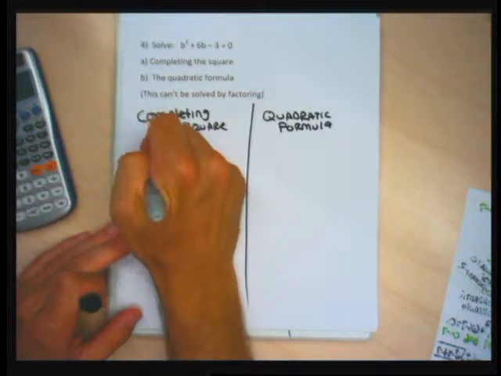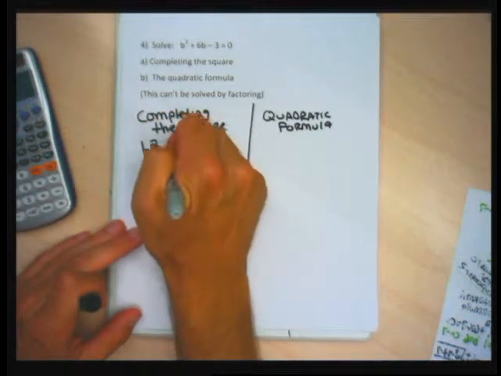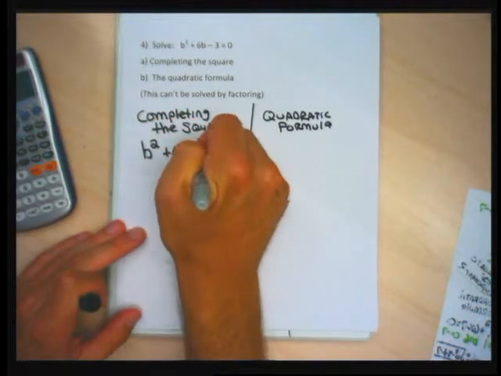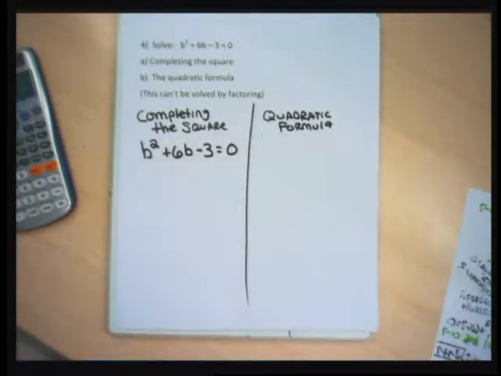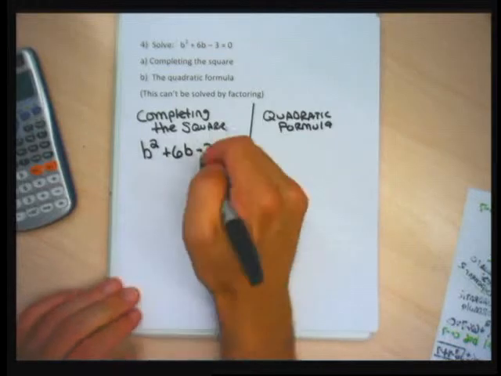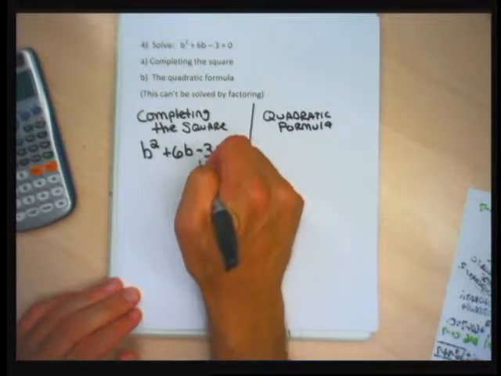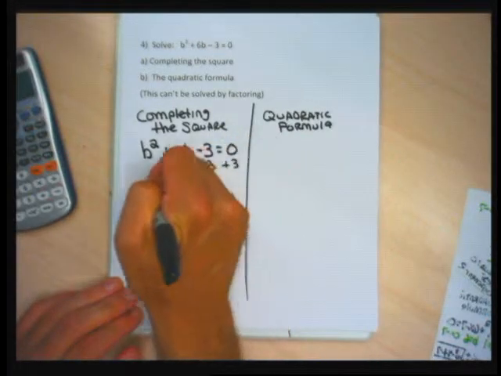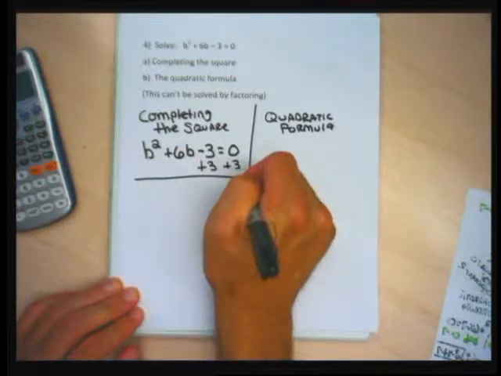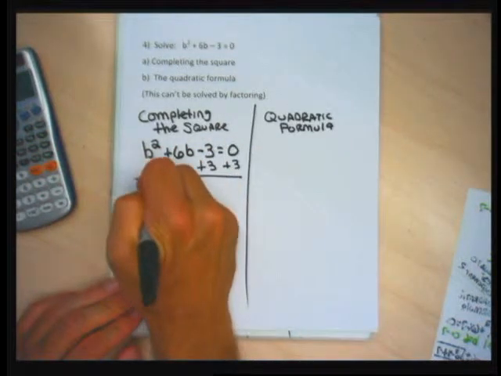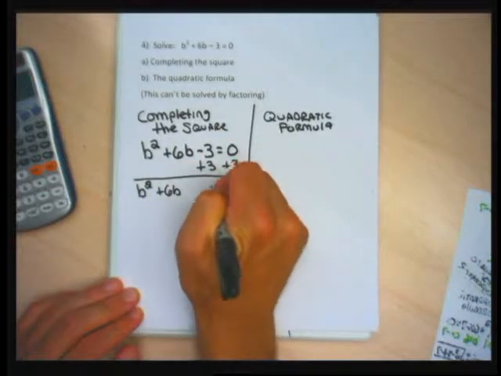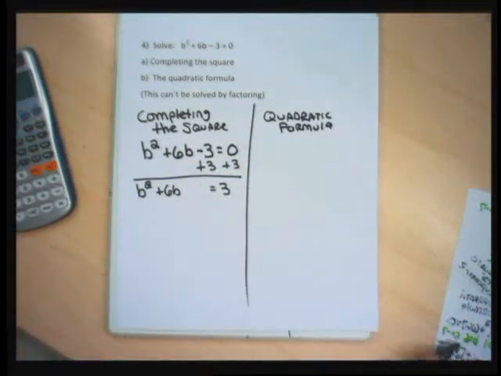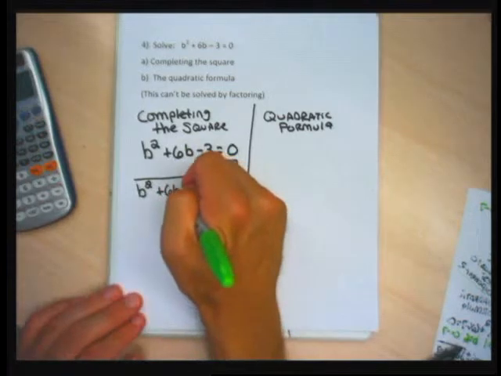So I'm going to do the same problem two ways. The first way is the way that's not really desirable, but the way I'm going to do it is the C method. The C method requires the numbers and the letters to be on opposite sides. So if I'm using the C method, I'm going to add 3 to both sides and get b squared plus 6b equals 3. And then I'll save a line here because I'm going to run out of room.